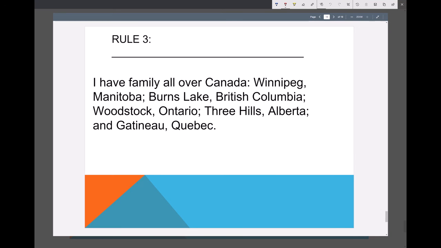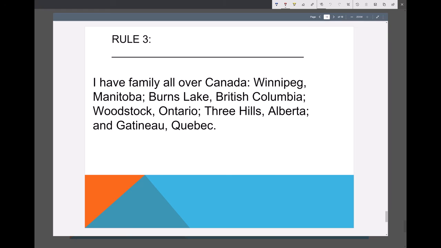And here we have rule 3. I'll read the sentence first and see if you can figure out the rule. I have a family all over Canada: Winnipeg, Manitoba; Burns Lake, British Columbia; Woodstock, Ontario; Free Hills, Alberta; and Gatineau, Quebec. Let me give you some hints here with this one.